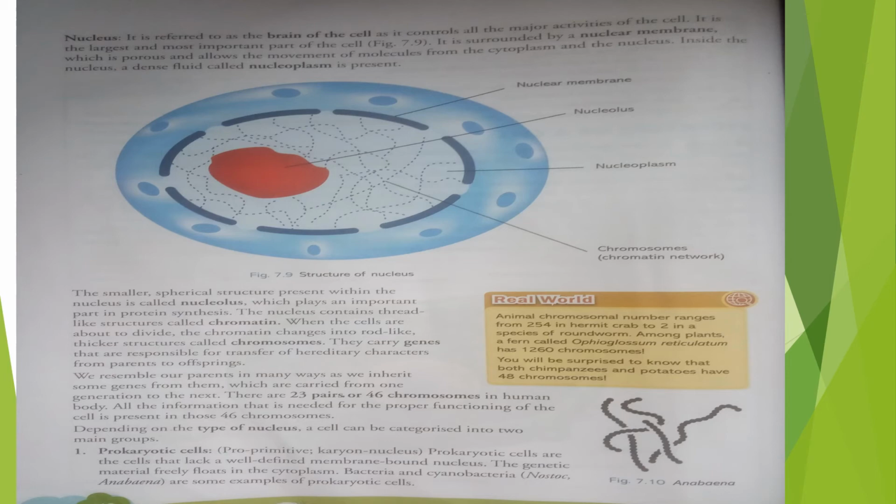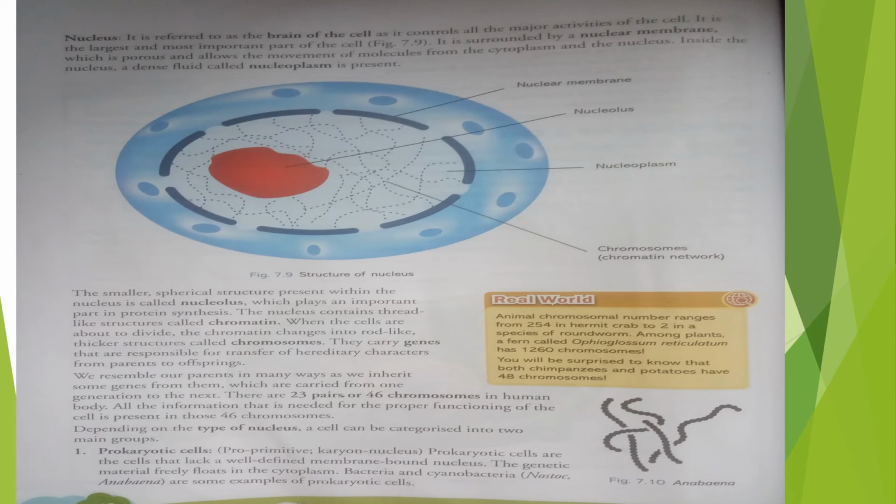And the chromosome contains genes, which are the carriers of heredity, from parents to the offspring. Whatever characters are transferred from parents to the offspring are carried by the genes only, to the next cell.